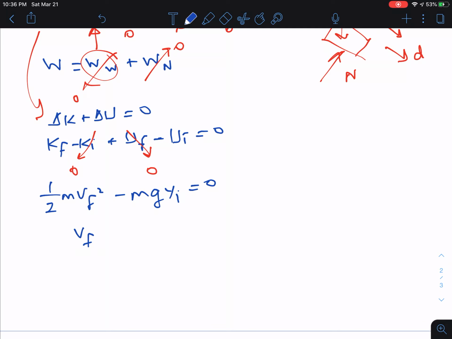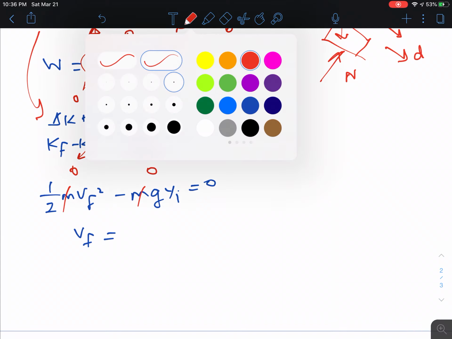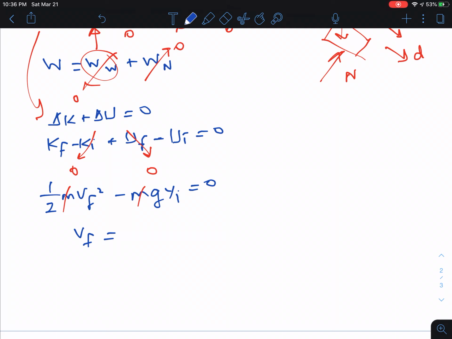To find the velocity, first off, we can cancel the mass this time because each term has mass. And then rearranging it, that gives us v final squared equals 2 g y initial. And you're going to take the square root of this side because you're also taking the square root of the other side, right?